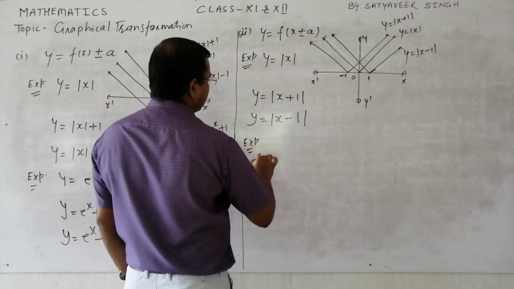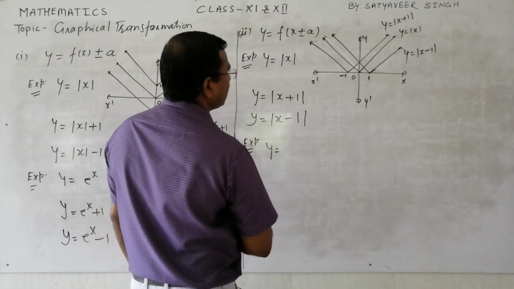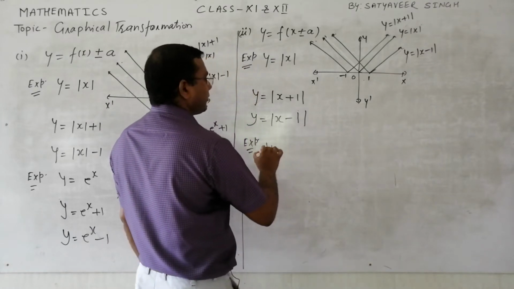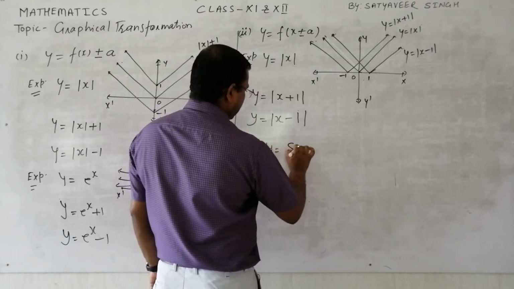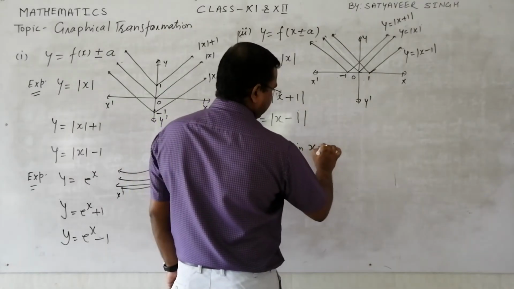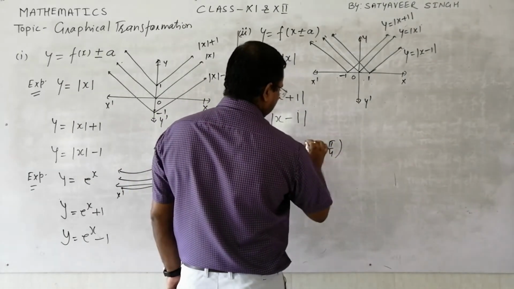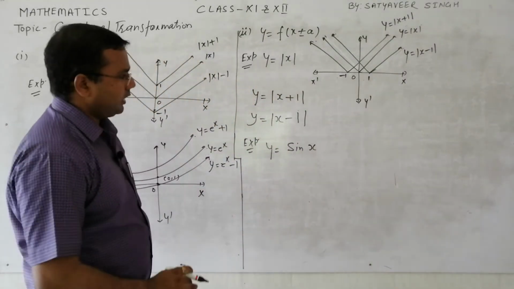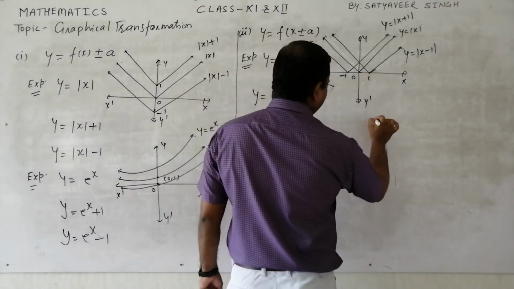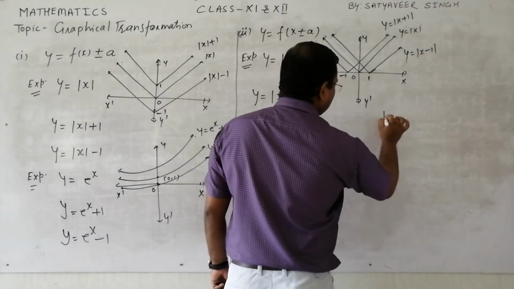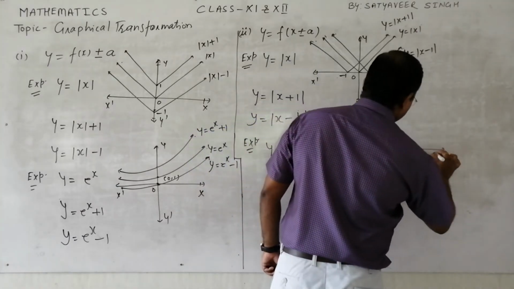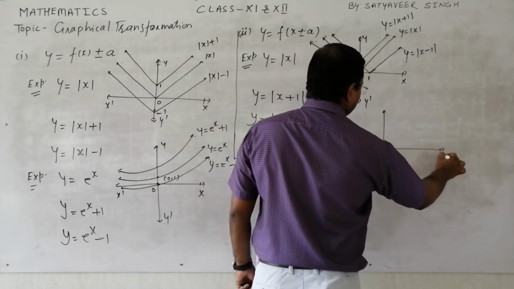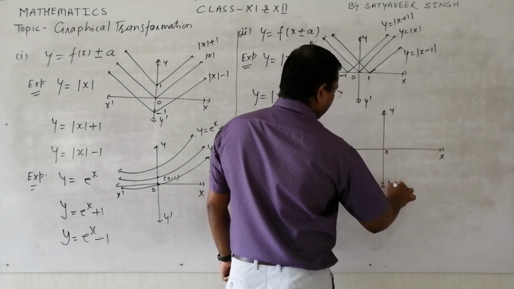See now, if you want to see one more example related to this, we can discuss. Let there be a function y = sin(x + π/4), or maybe first of all I am taking sin x. You all are familiar with the graphical representation of sin x, so we can easily draw it. Students, if you draw a rough sketch of sin x, you can easily understand this.